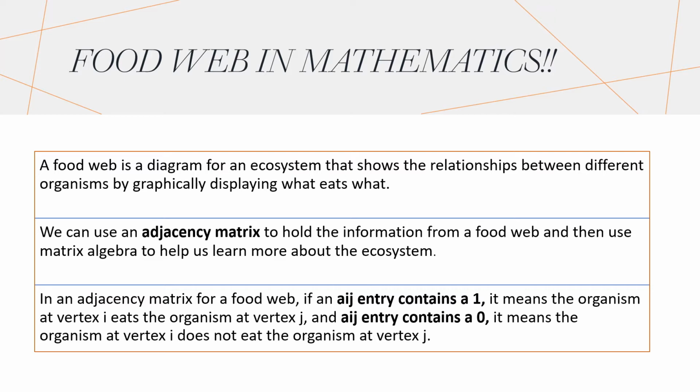Now, how can we represent this in a matrix? For this, we use an n cross n square matrix, known as the adjacency matrix.